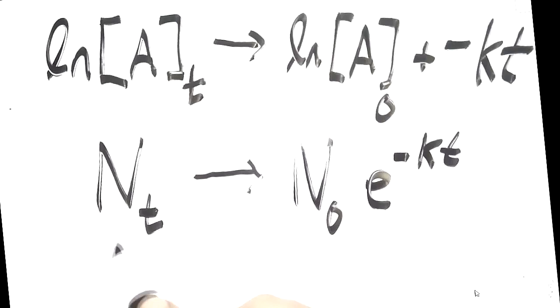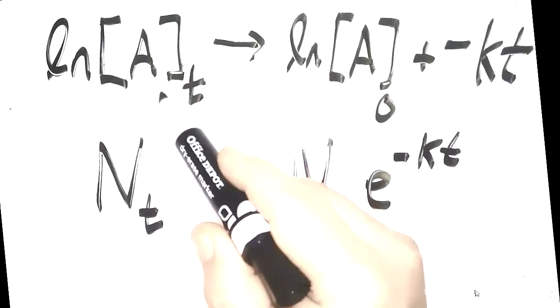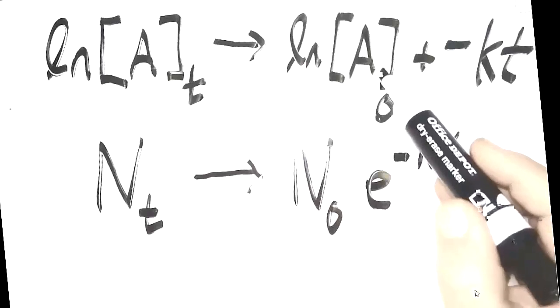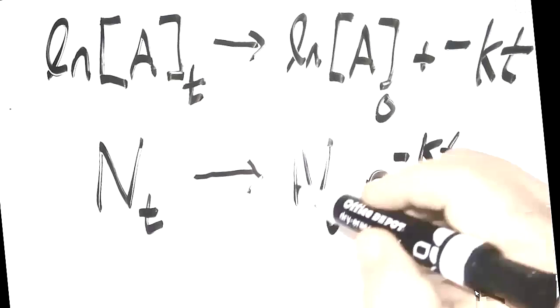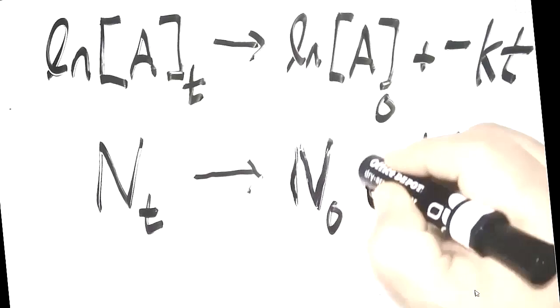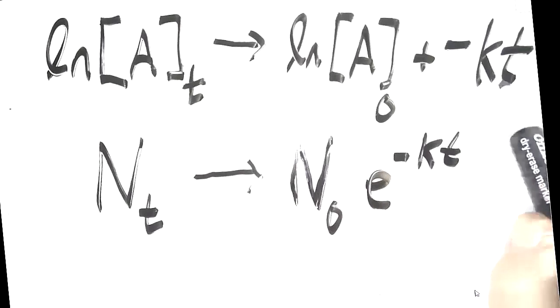Now, this one and this one are kind of a symmetry because they're about the amount or the percentage of something at some time in the future. And this natural log of A sub 0 or N sub 0, these are both about what you started with. What was the starting amount, at time 0. And this one adds negative kt as a term.